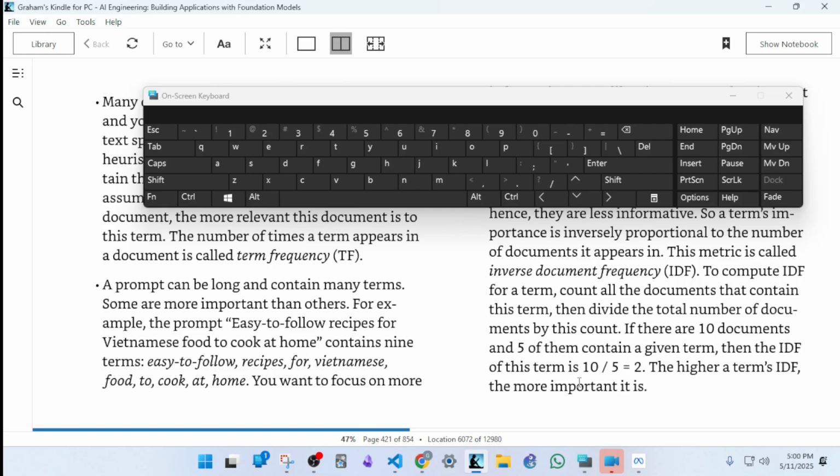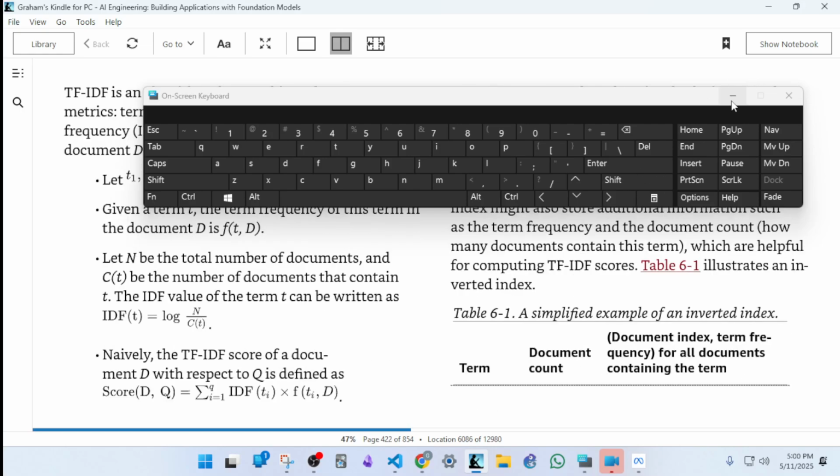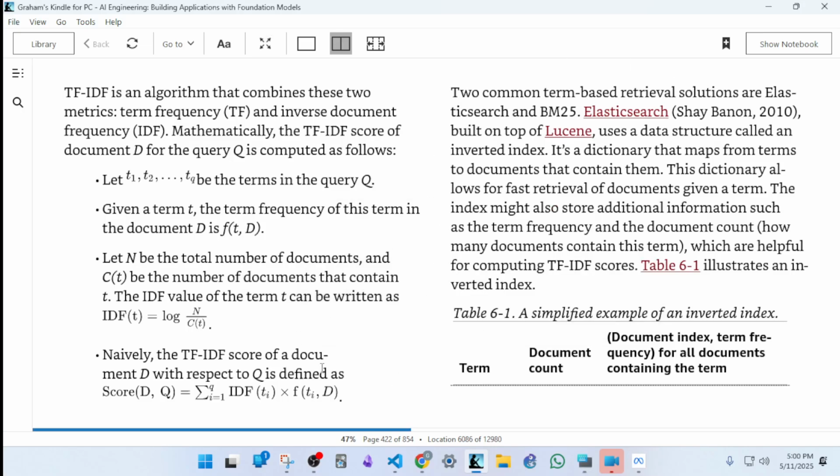Okay, so the higher a term's IDF, the more important the term is. TF-IDF is an algorithm that combines these two metrics, term frequency, TF, and inverse document frequency, IDF. Mathematically, the TF-IDF score of document D for the query Q is computed as follows. Let T1 through Tq be the terms in the query Q. Given the term t, the term frequency of this term in the document D is f(t, D).